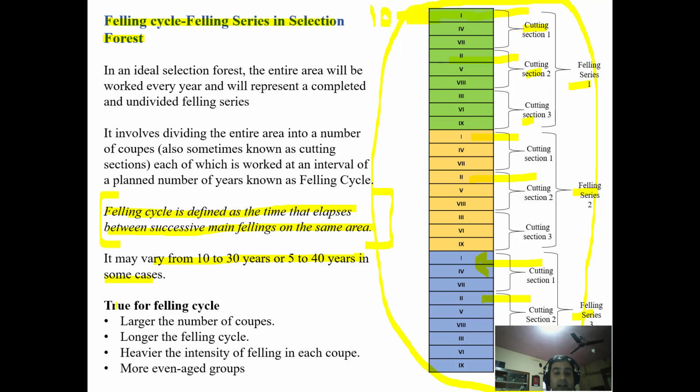Now what is true for the felling cycle is that the larger the number of Coops, the longer the felling cycle. The heavier the intensity of felling in each Coop, the more even age groups will follow. So like in the regular felling system, we can adopt the same practice in a selection forest, but of course with a different nature, though more or less the meaning remains the same.